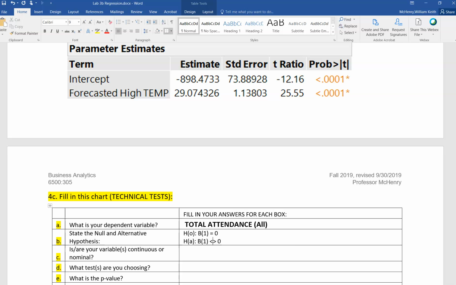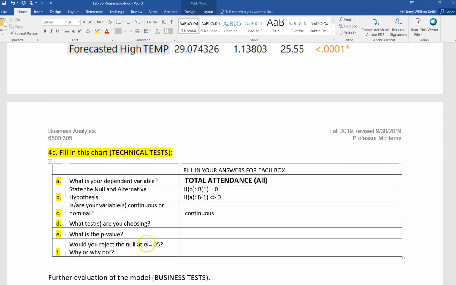Easy way to put that. Okay, both variables have to be continuous because that is what we have for regression. And then the tests that I'm choosing, the F test is for the whole model, and T tests for each coefficient. And in fact, we only have one here, the B1.